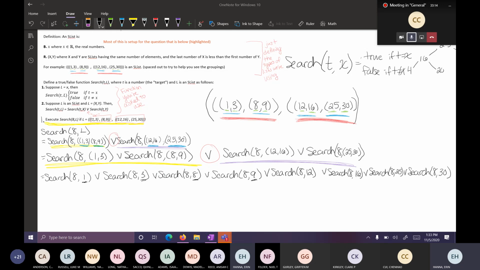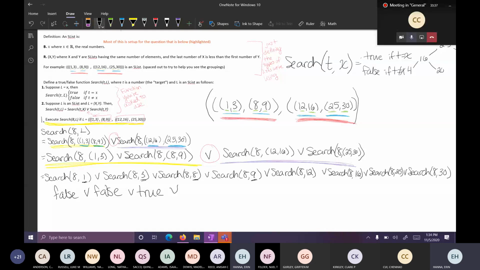So essentially, search 8, 1 would be false because 8 is not equivalent to 1. Or search 8, 3 is false because 8 is not equivalent to 3. Or search 8, 8. 8 is equivalent to 8, so that's true.